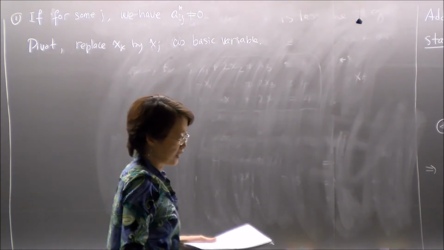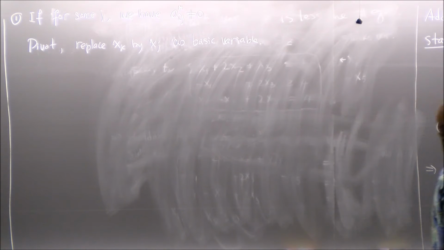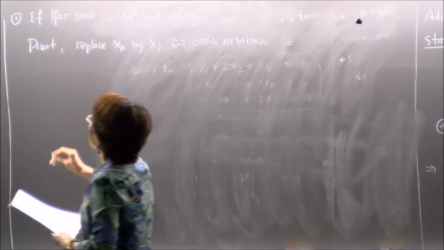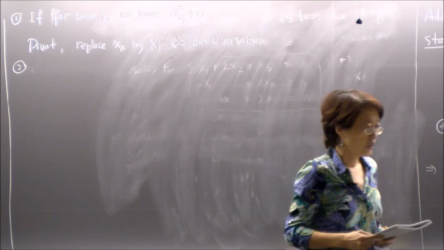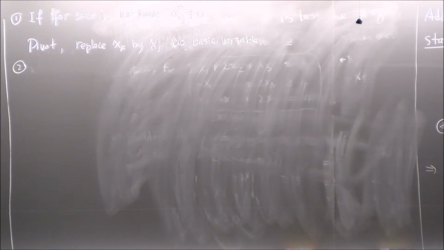Okay, if I can do that, then xk can be removed from the basic variable set. All right, so let's say I perform this pivot. Do you think I will risk the danger of changing the w value? W right now is 0. It's the minimum. If I do this pivot, would I change it into bigger values?